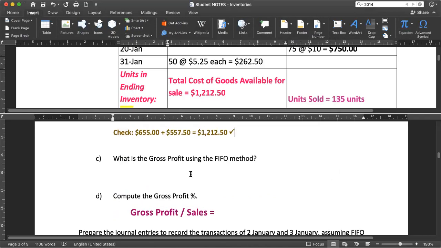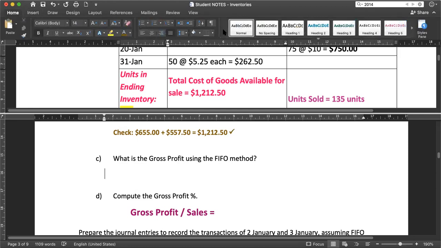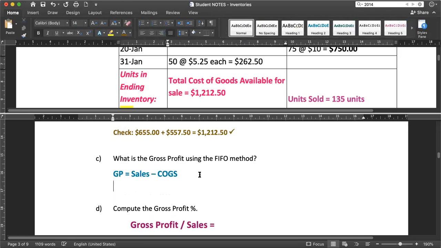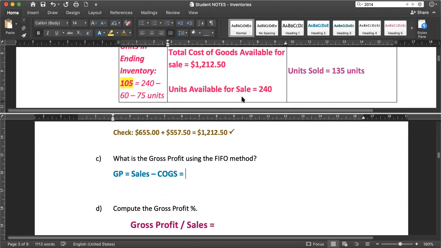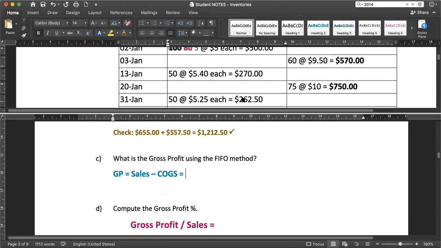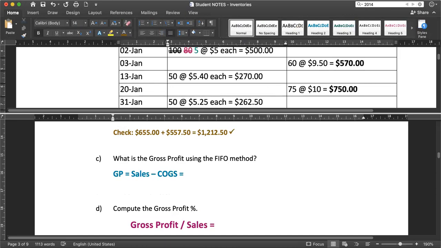All right, so what is the gross profit using the FIFO method? And just to recall, gross profit is equal to sales minus the cost of goods sold. All right, so in our case here, sales were, let's see here.